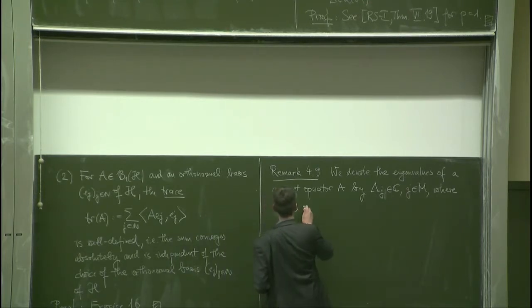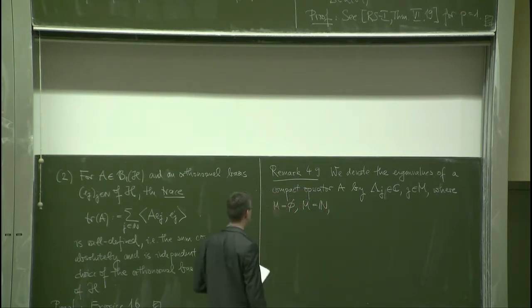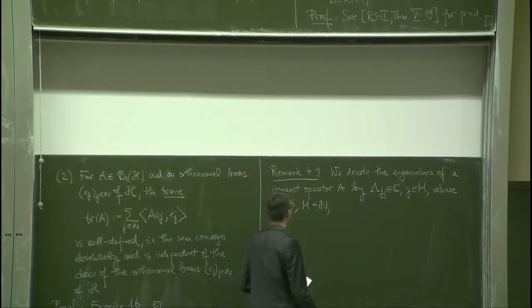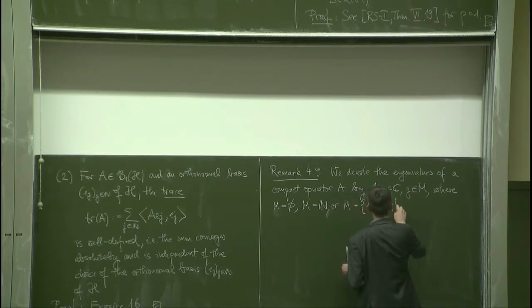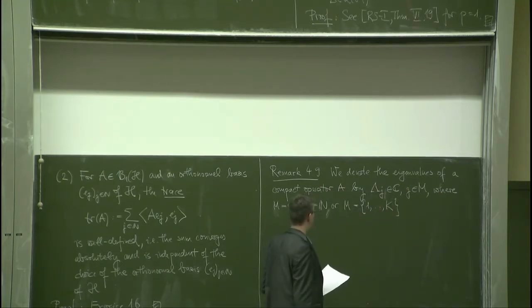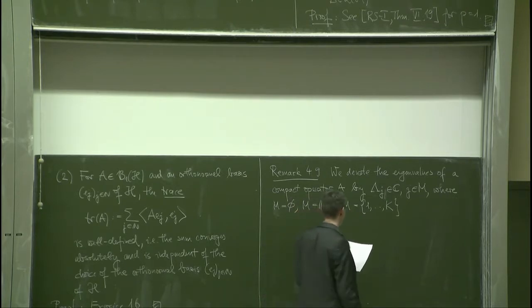The number of eigenvalues can be countable, so that M is equal to the naturals, or M can be a finite subset of N, consisting of the natural numbers 1 to k.